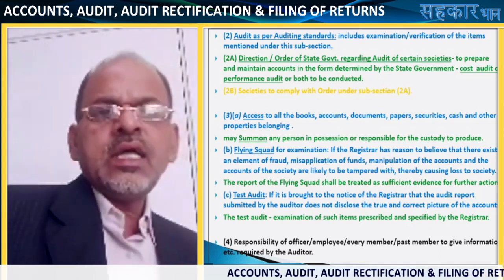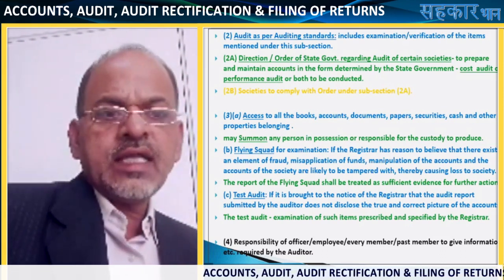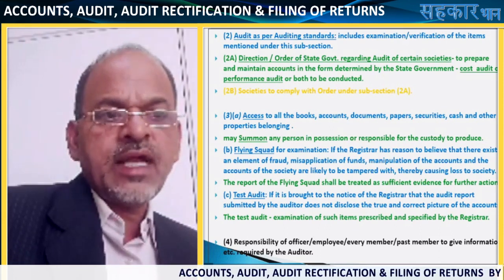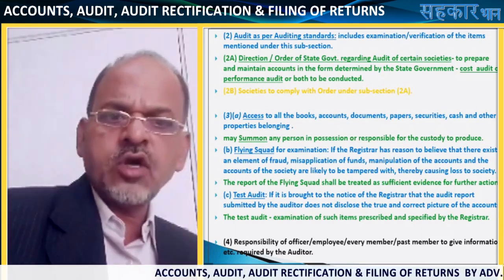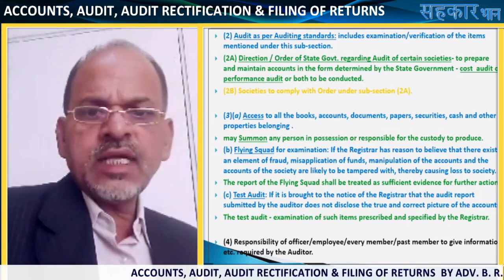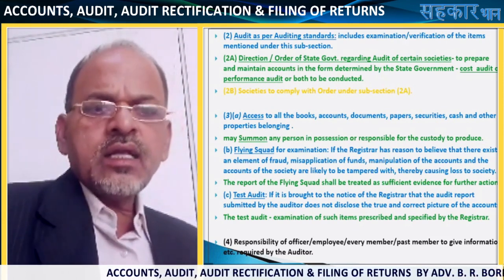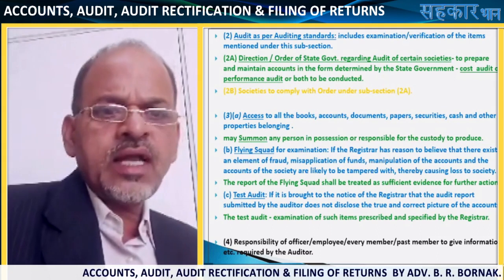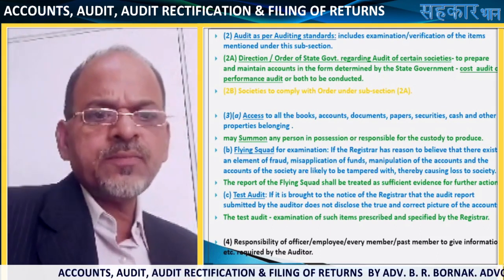A test audit can be carried out by the registrar by appointing another person as auditor. The same person cannot carry out the test audit. Another person is required for the test audit. The test audit is an examination of such items as prescribed and specified by the registrar.